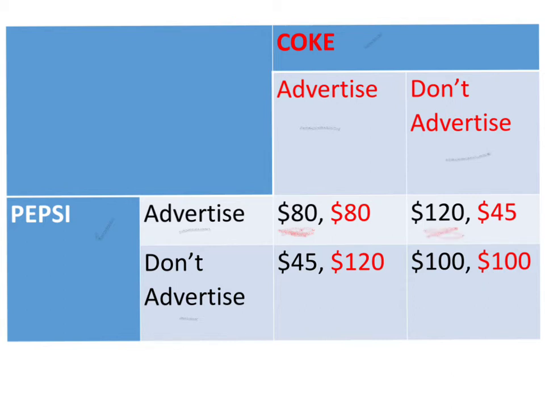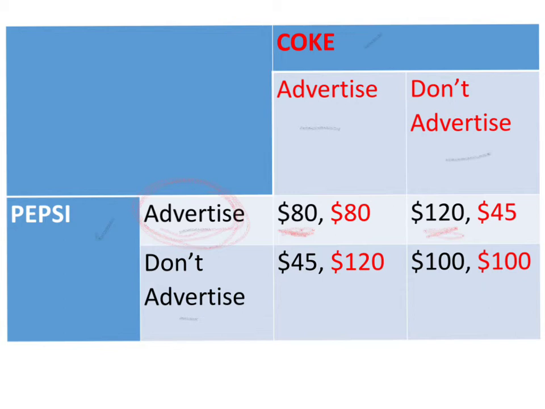Regardless of whether or not Coke advertises, the best response for Pepsi is to advertise. And because we know that their best response, regardless of what Coke does, is to advertise, we will definitely say that Pepsi has a dominant strategy, and that dominant strategy is to advertise. No matter what Coke does, Pepsi's always better off advertising.